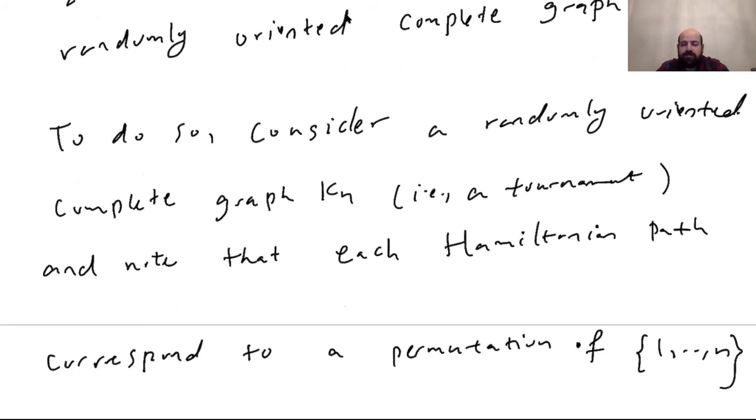So we can go from 1 to 5, then for example 5 to 7, 7 to 9. If we put these numbers next to each other, let's say 1, 5, 7, 9, then for example 8, I will have a permutation of 1 to n. So I go from 1 to another vertex, then to a third vertex, to a fourth vertex, and all the way to the nth vertex. So I will have a permutation of 1 to n for each Hamiltonian path.